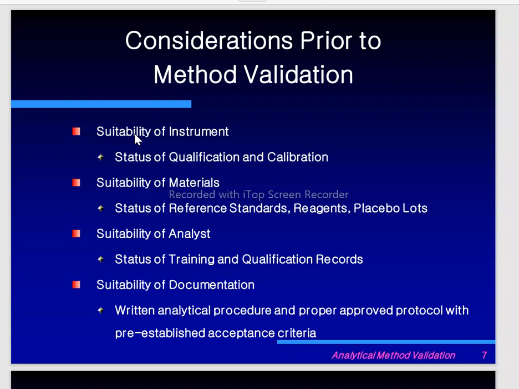What do you have to ensure? The first thing is you have the written analytical procedure, meaning you have the proper STP, you have the proper approved validation protocol and all with the acceptance criteria. After that, if you have considered these and you have all these resources, then you are going to start your method validation activity. So first you have to ensure all these points.